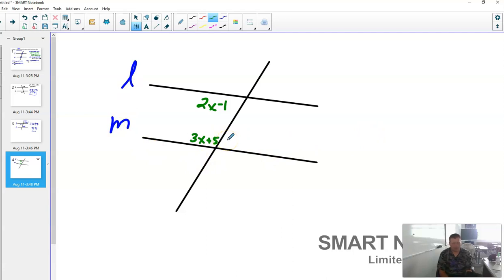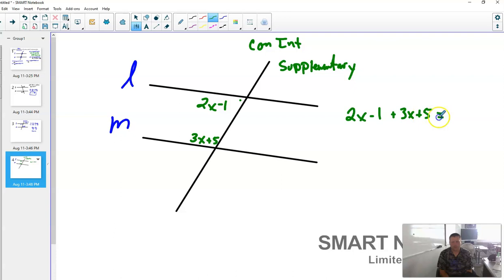Again, I just go through it. What type of angles are this angle and this angle? Those are consecutive interior angles, and they have to be supplementary. So they are not equal to each other; make sure you know what's going on. That means 2x minus 1 added to 3x plus 5 has to equal 180 degrees. I'll combine like terms: 2x and 3x give me 5x, and negative 1 and 5 give me 4.